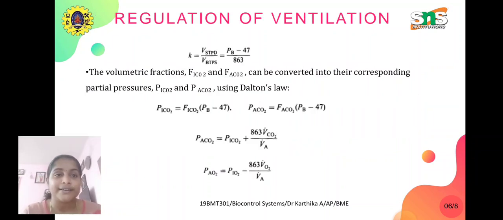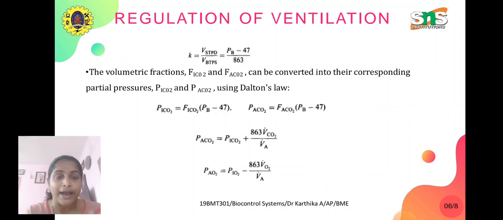See, here the regulation of ventilation. Here the constant is K equal to VSTPD by VBTPS, which is equal to (PB minus 47) by 863. Here in volumetric fractions, FiCO2 and FaCO2 can be converted into their corresponding partial pressures PiCO2 and PaCO2 using Dalton's law.